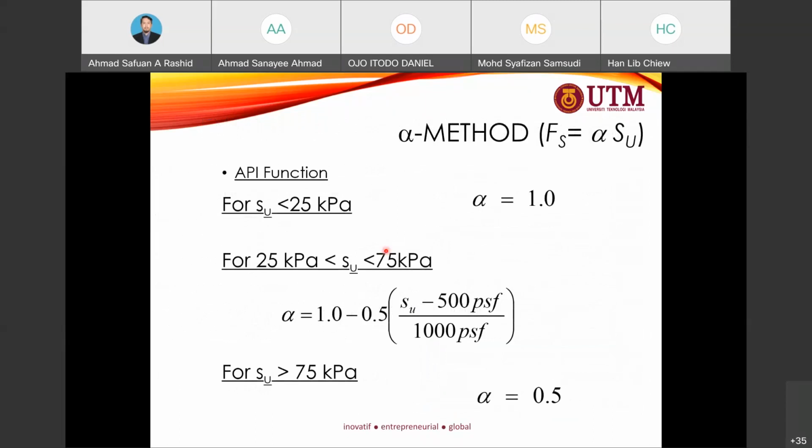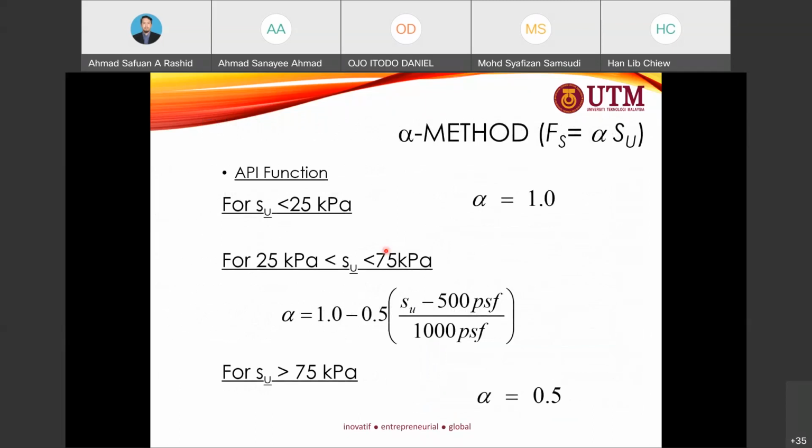Then we have the alpha method, alpha times Su, where it depends on the undrained shear strength of the soil.